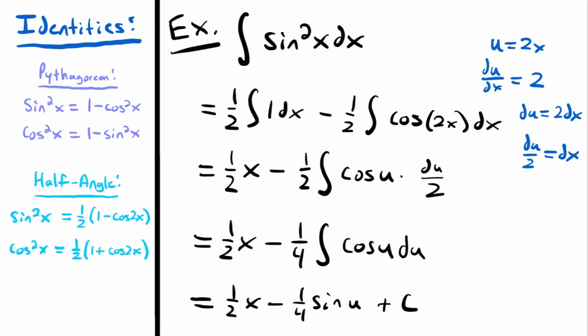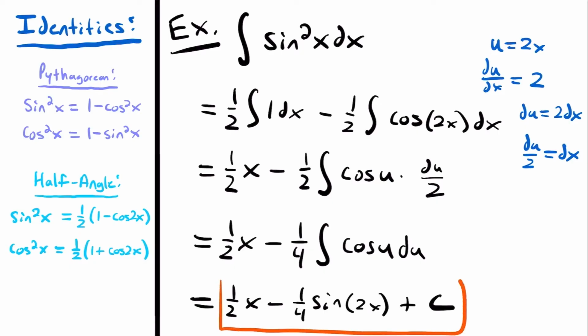Now all we have to do to find our final answer is replace u with what we set it equal to, which is 2x. If I rewrite that, we will have sine of 2x plus c. And that will be the solution to this trigonometric integral.